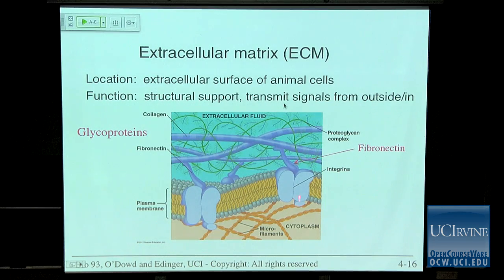And you can see this transmembrane protein is actually attached to actin inside the cell. So movement out here and a signal out here can get transmitted into the cell by the interaction of fibronectin with integrins that are in the cell membrane and that are interacting with intracellular actin filaments.